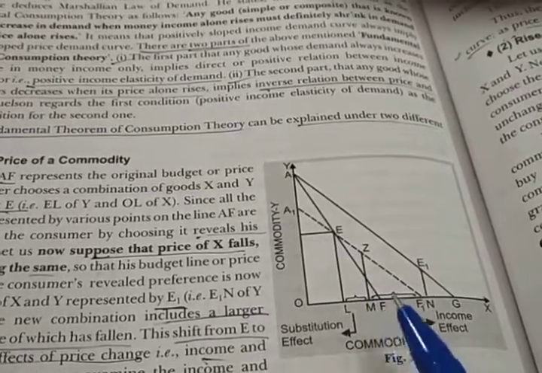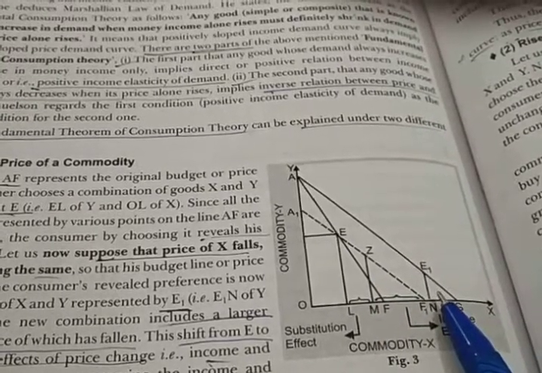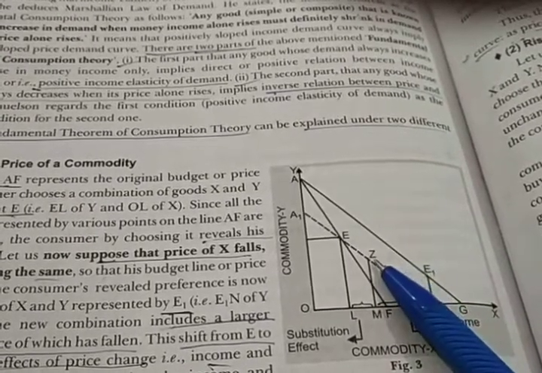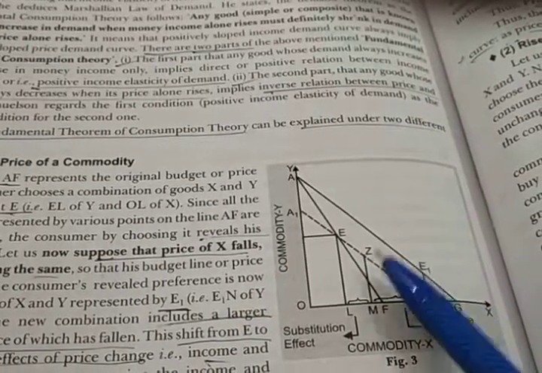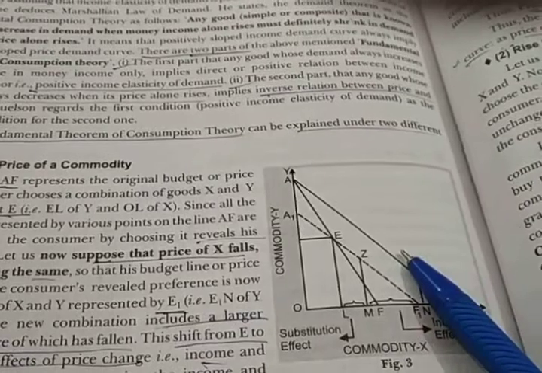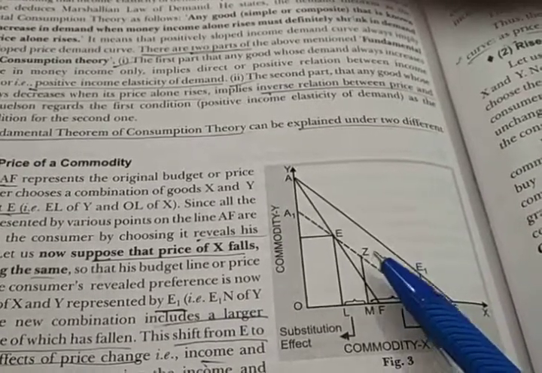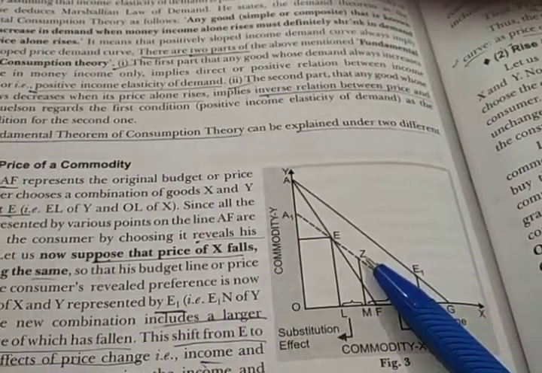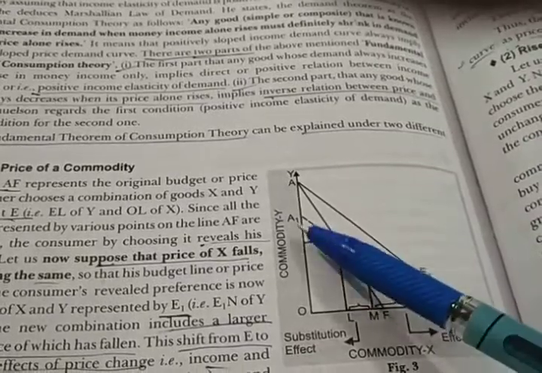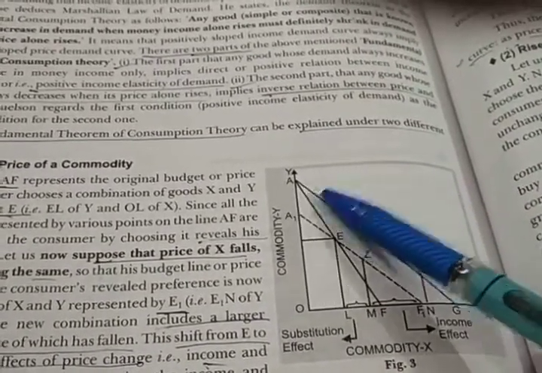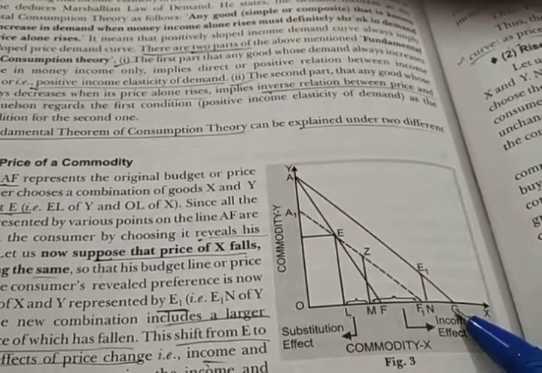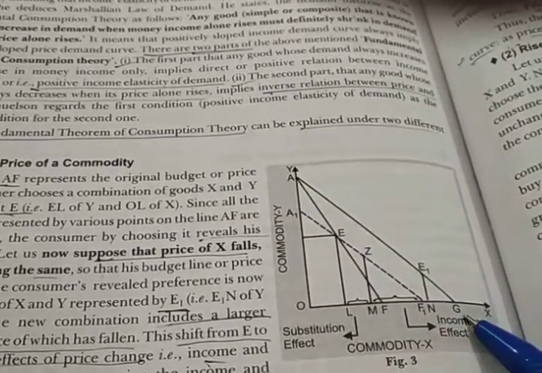Now, in order to introduce the income effect, after he reaches Z, suppose we give back the money income to the consumer which we had taken from him earlier, and when we give back the money income to the consumer, this price line A1F1 will again shift upwards to AG price line, being parallel.